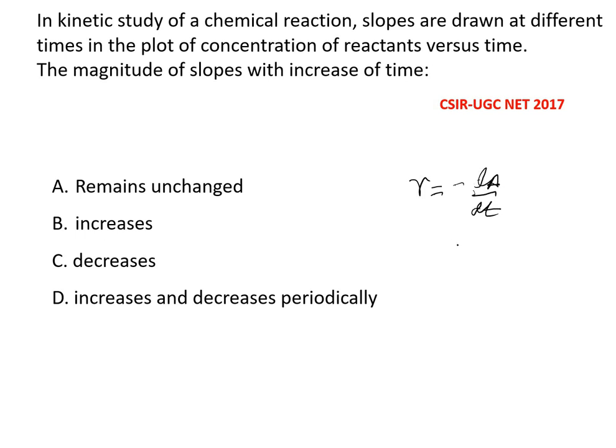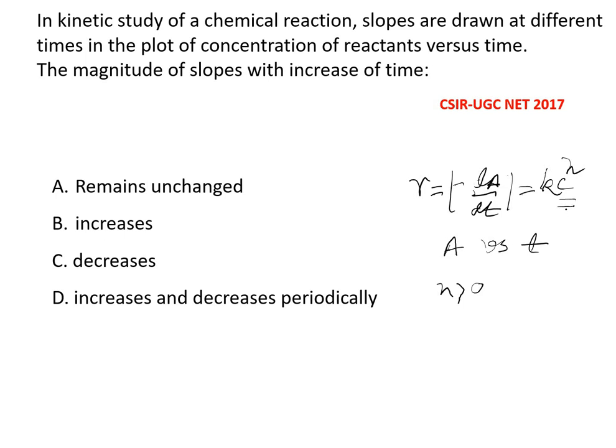But again, minus d[A]/dt is nothing but the slope on a plot of [A] versus t, and you can call this the magnitude of slope. That is given, for an nth order reaction, by k[A]^n. Now, provided that n is greater than 0, that means n is not negative, then with time [A] of course decreases.